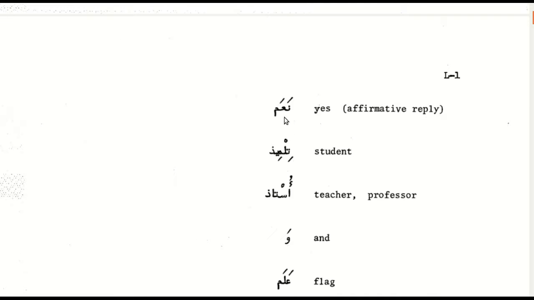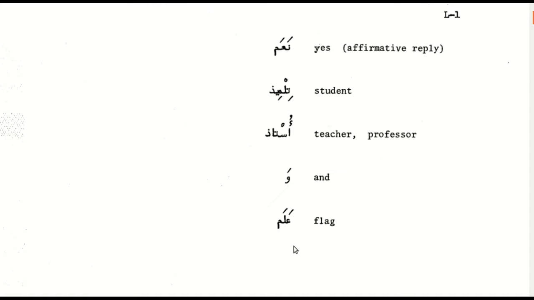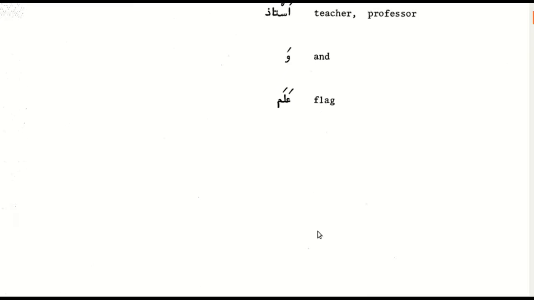Tilmeed means student. Ustaz means teacher or professor. Wa means and. Alam means flag.